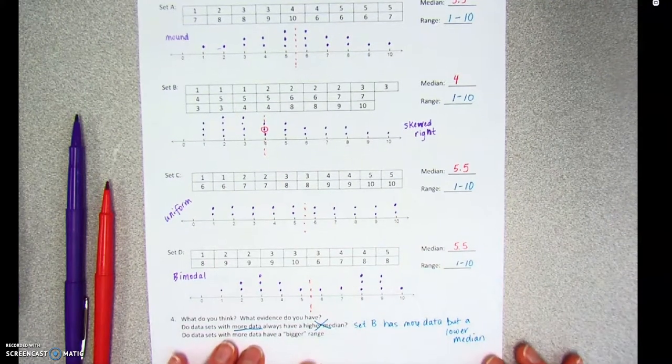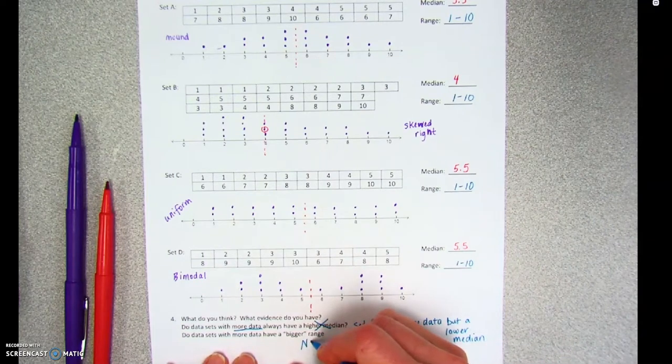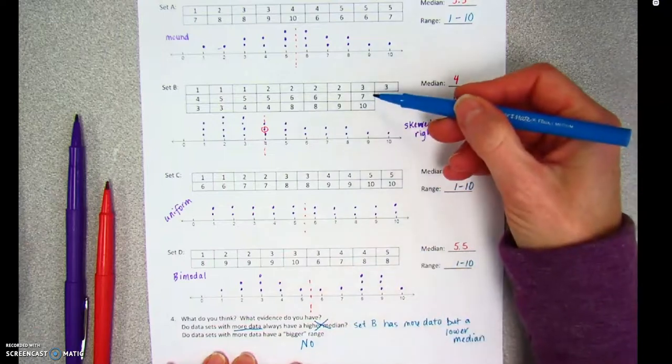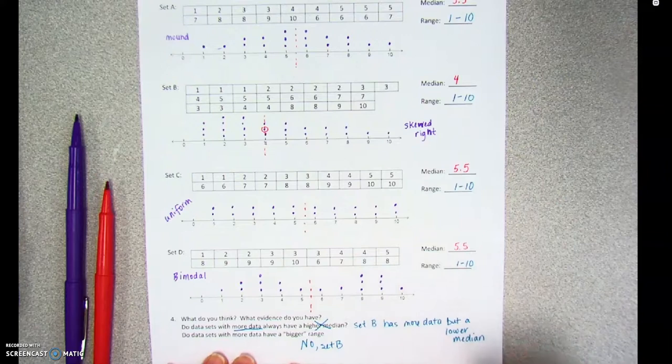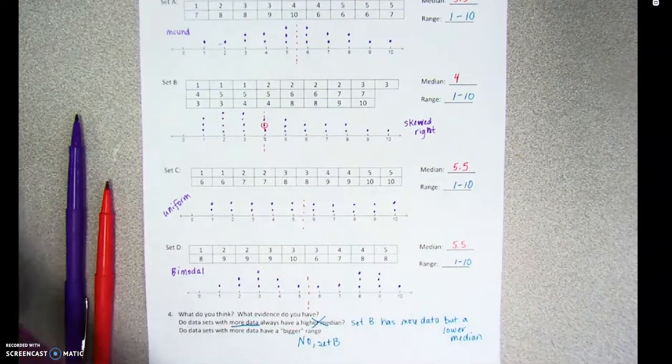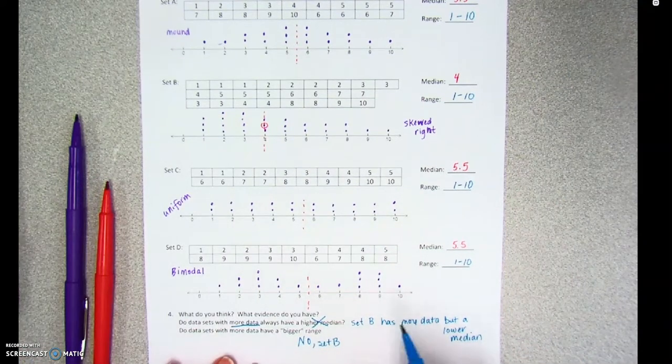The next question says, do data sets with more data have a bigger range? The answer there is no as well. Set B has more data, but it does not have a bigger range.